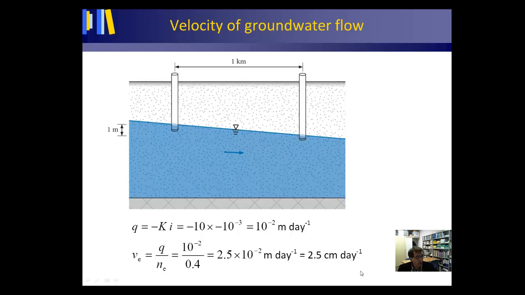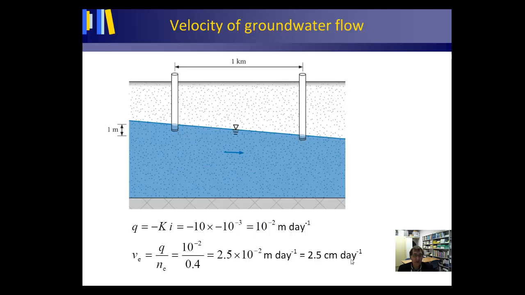Then, of course, we can also establish the time for water to flow from the left piezometer to the right piezometer, and with a velocity of 2.5 centimeters per day, that means that the water is flowing with a velocity of 9 meters per year, which is less than 1 kilometer in a century, or a mere stretch of 10 kilometers in 1100 years.